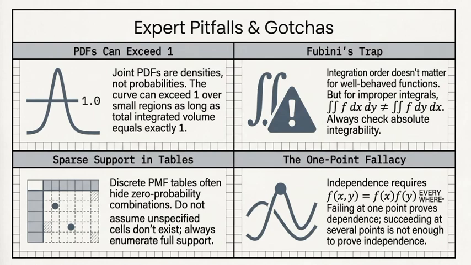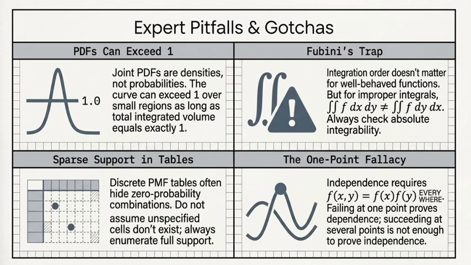For an absolutely integrable joint PDF, there is Fubini's theorem, which guarantees you can switch integration order. But for improper or unusual cases, you can't do it. Always check absolute integrability first, okay?